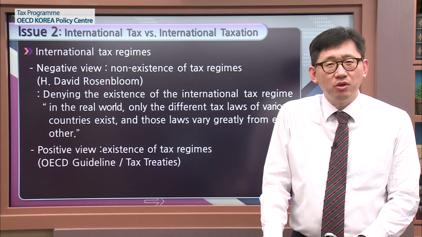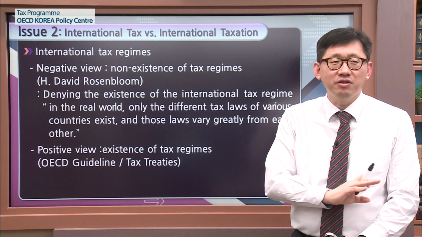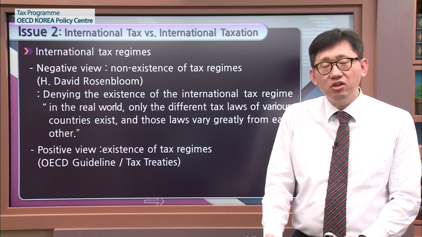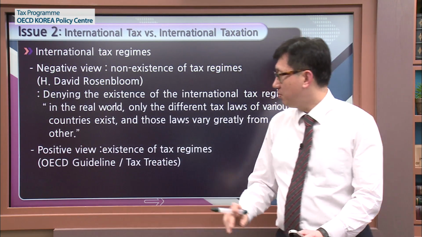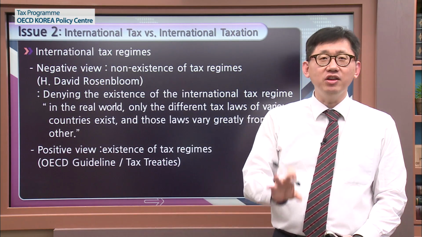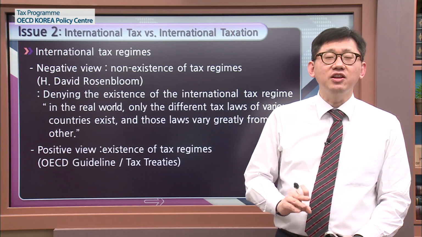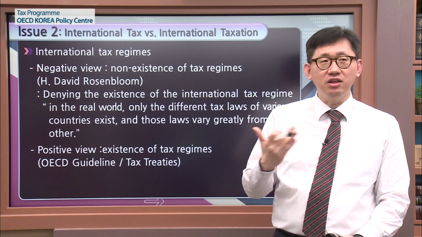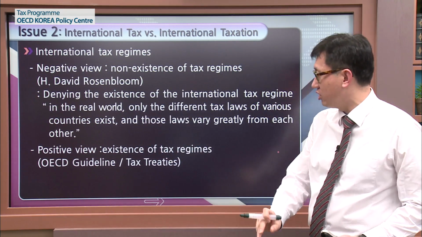According to the negative view, there is no existence of a tax regime and no legal text of international taxation. Whereas the opposite view is the positive view: yes, there is a tax regime, and yes, international taxation has its enforceability in the world.